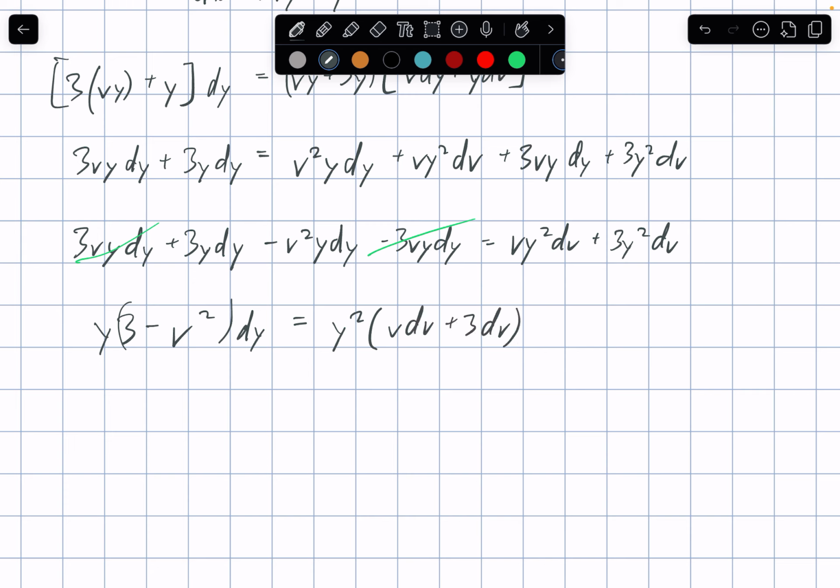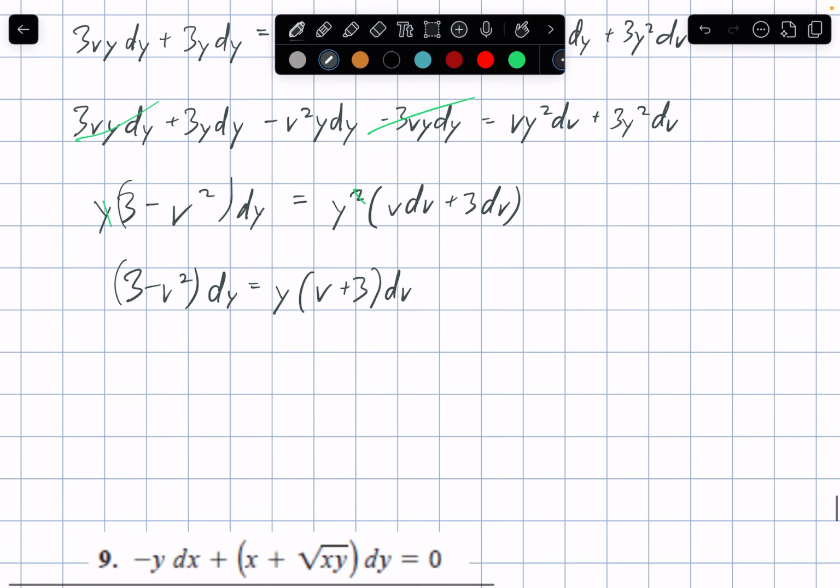You see, there's a pattern, if you noticed. So you don't have to be scared. If you see a pattern, there's a good chance that you're on the right track. So in this case, you can cancel something. So you're a step closer to making the solution simpler. So it's less intimidating psychologically. Y times quantity v plus 3 dv.